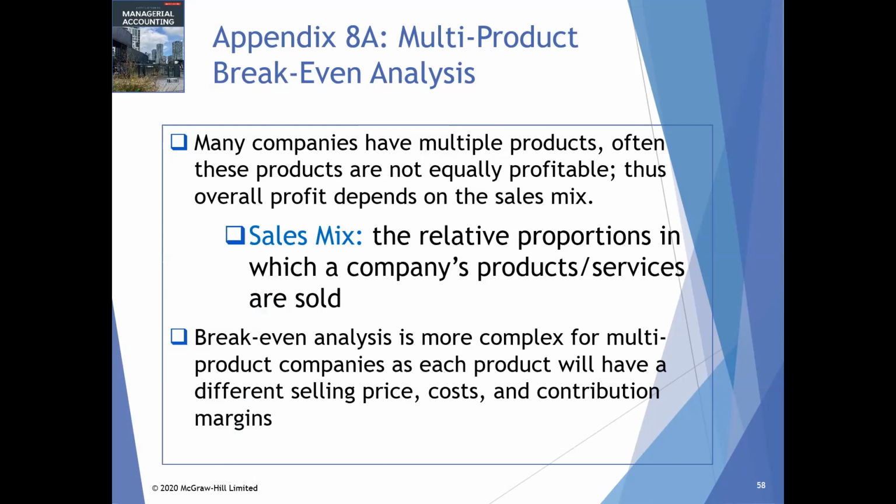So the overall profit depends upon the sales mix, right? So what is sales mix? Sales mix is the relative proportion in which the company's products or services are sold. Break-even analysis is more complex for multi-product companies, as each product will have a different selling price, a different cost price, and a different CM, that is the contribution margin.